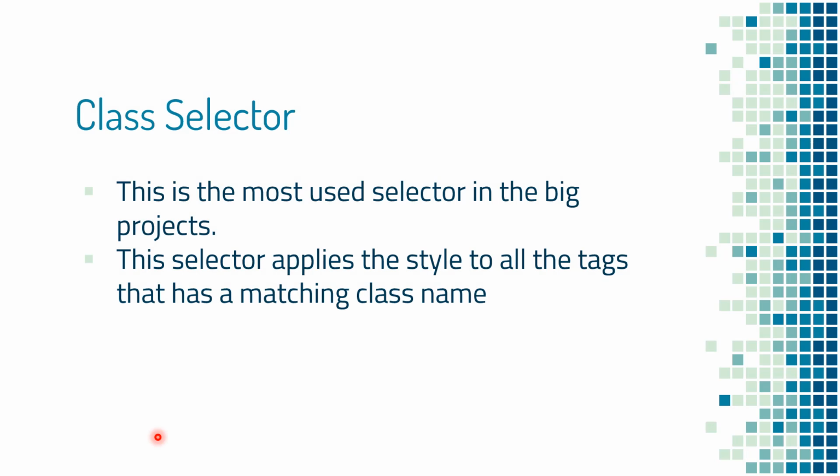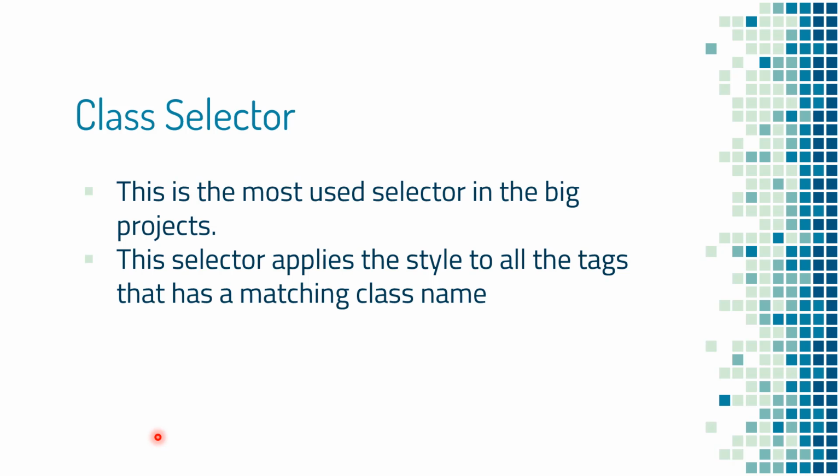Okay, so the second type is the class selector, which is, by the way, the most used selector in big projects and in modern projects. This selector applies the style to all the tags that have a matching class name.